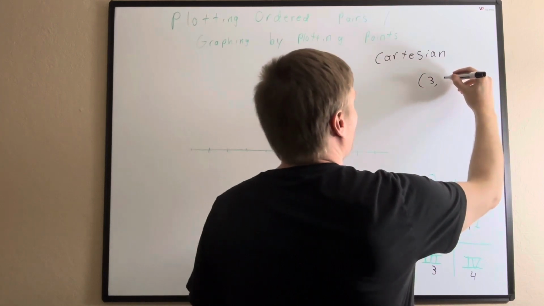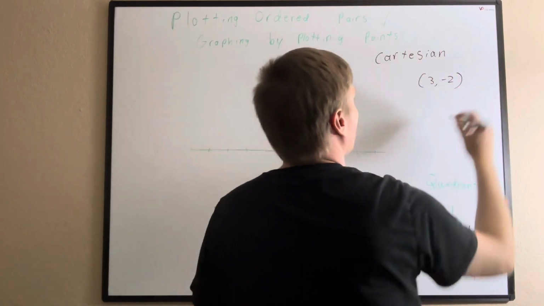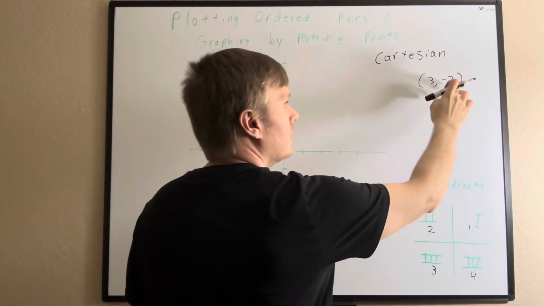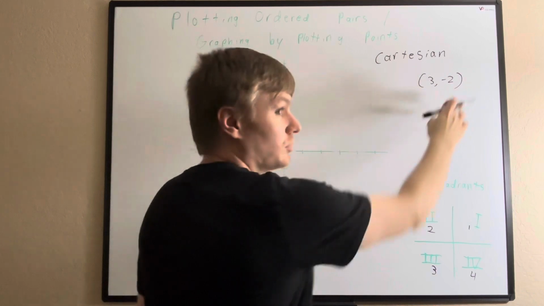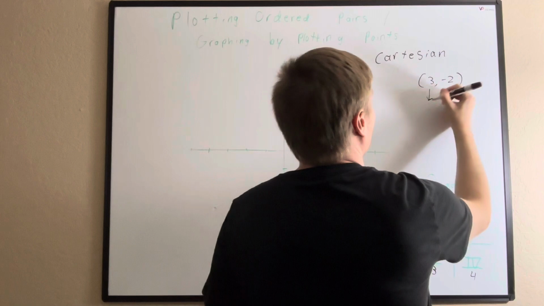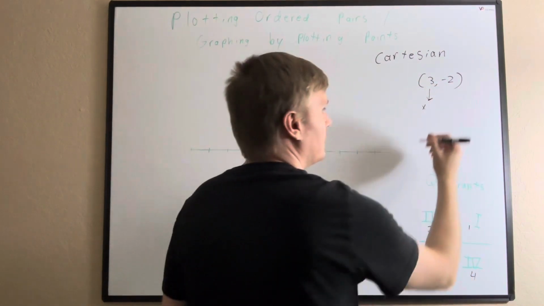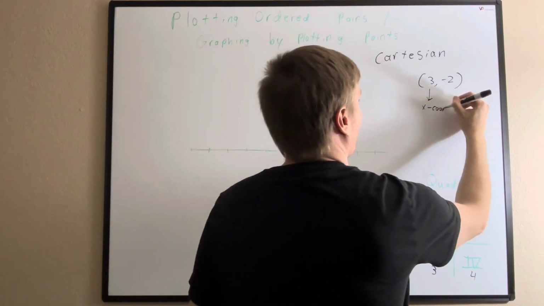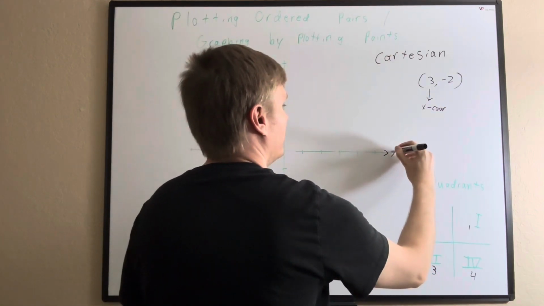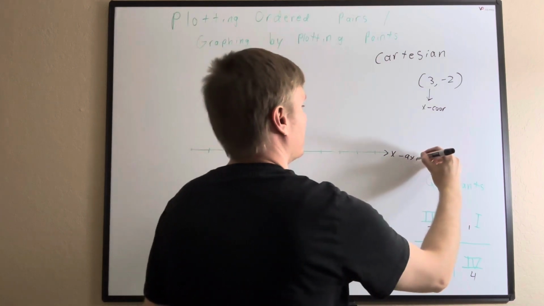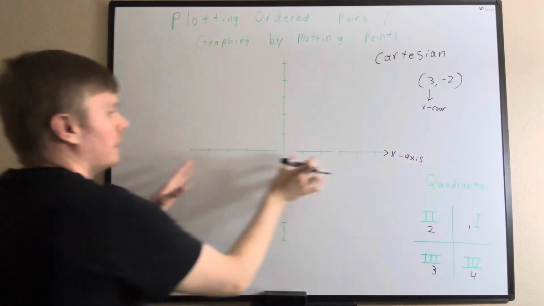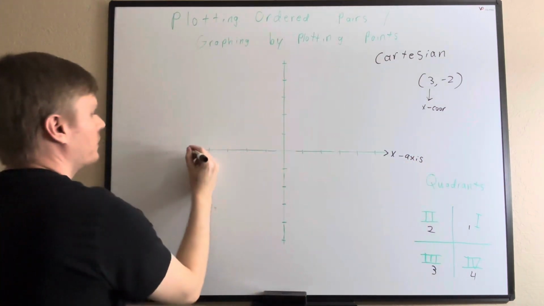This is how we write ordered pairs. We have parentheses, number, comma, another number, and parentheses. Now, the first number is your x coordinate. This right here is called the x-axis because it tells you where you are horizontally.